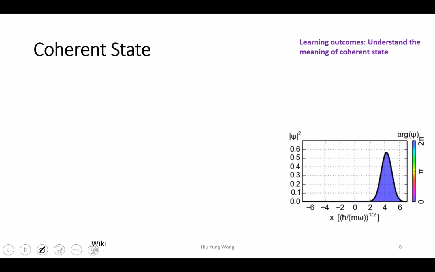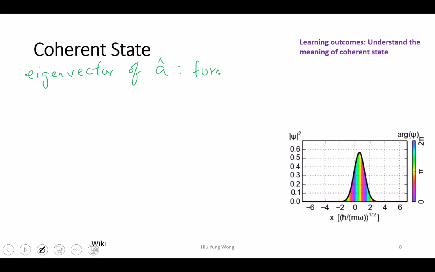And this coherent state must be a linear combination of the Fock states, okay? So the coherent state, first of all, turns out to be the eigenvector of the annihilation operator, right? We can try to prove this later, but the important thing is that it does form what they call an over-complete basis, more than required.